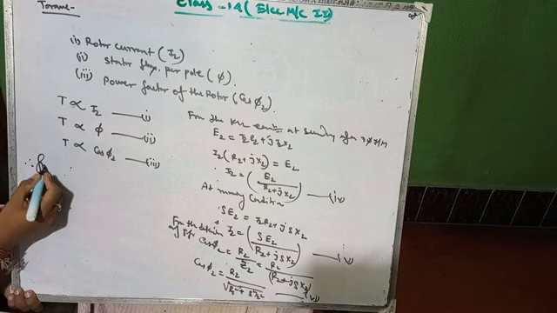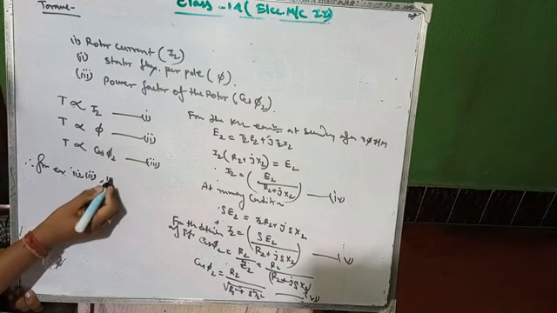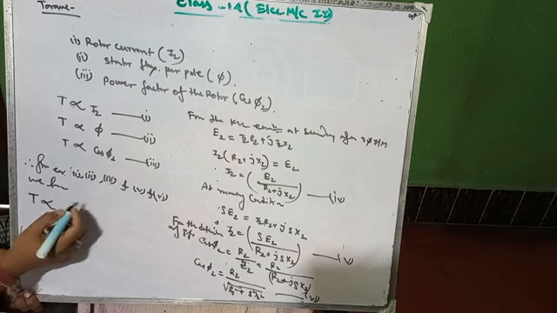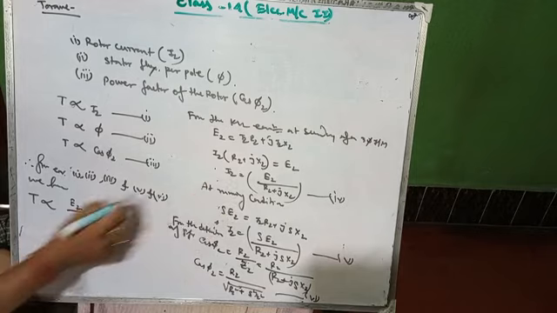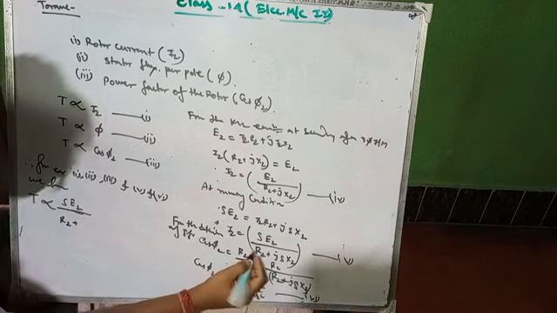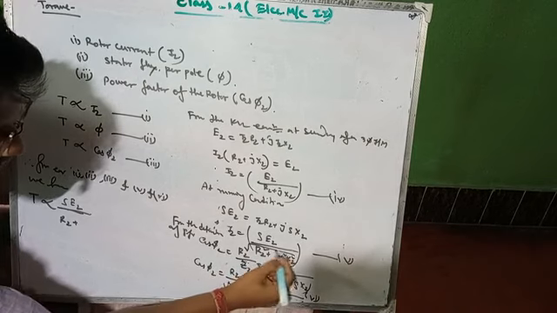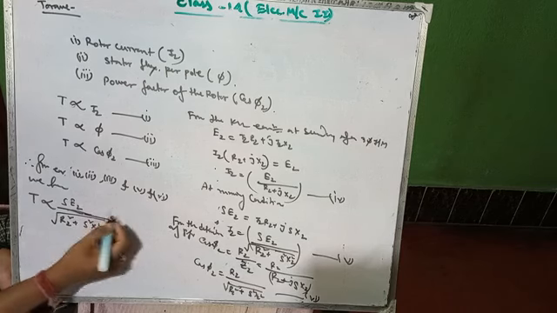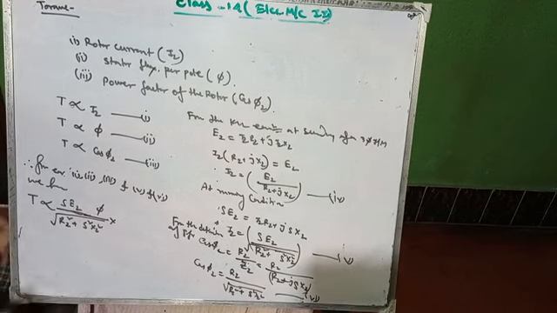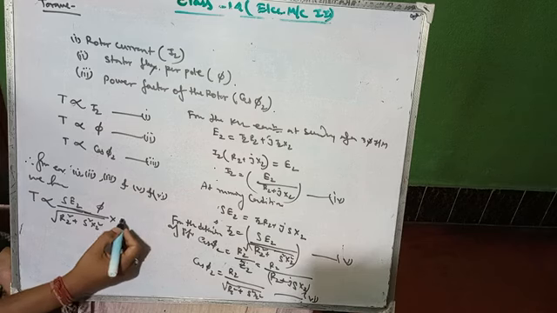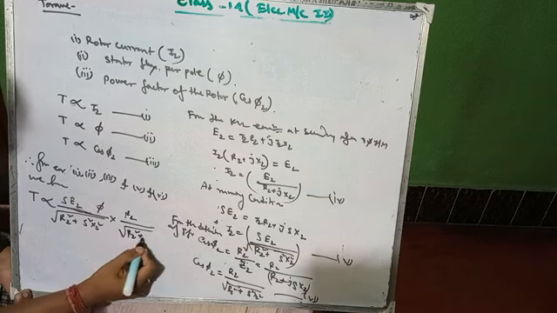Now from equations 1, 2, 3, 5 and 6, T is proportional to S E2 by root over of R2 square plus S square X2 square, multiplied by R2 by root over of R2 square plus S square X2 square.